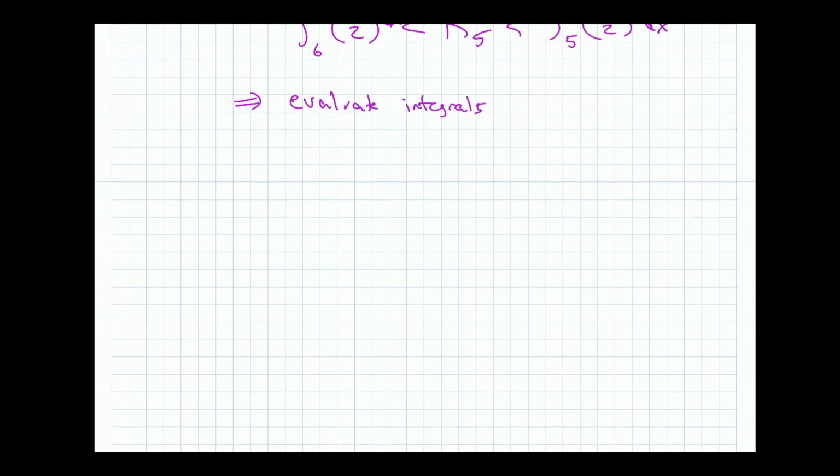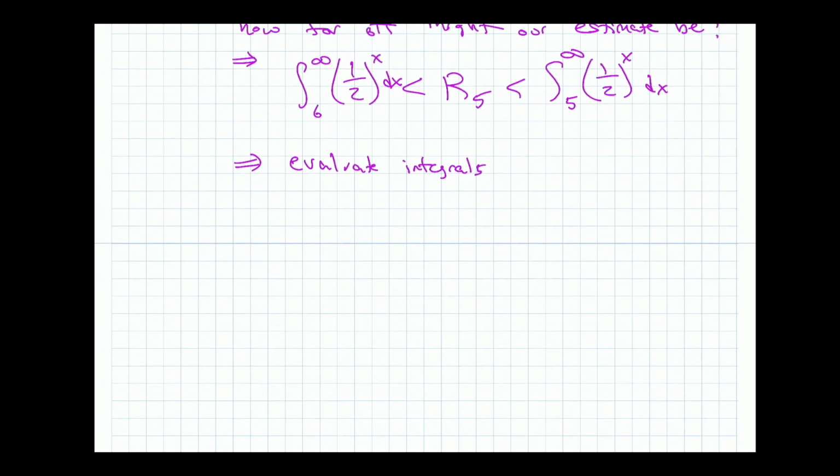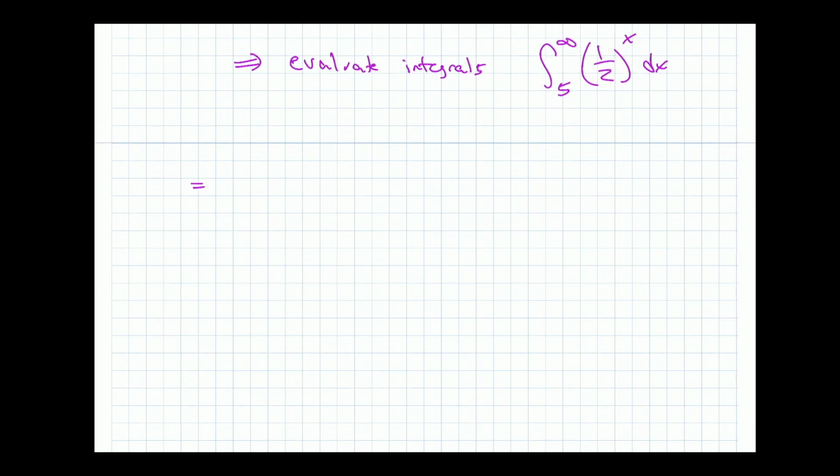Okay, I'm going to cheat. I'm going to do it real fast. Hopefully. Let's do this. The integral from 5 to infinity of 1/2 to the x dx equals the limit as b goes to infinity, from 5 to b. What's the antiderivative of 1/2 to the x? It is 1/2 to the x over ln 1/2. Okay, so there you go. Put in your b, put in your 5.